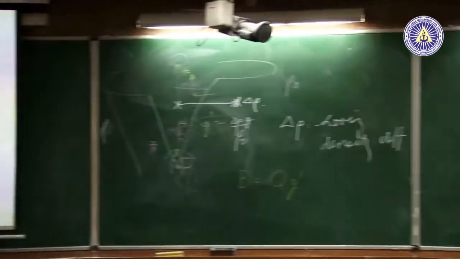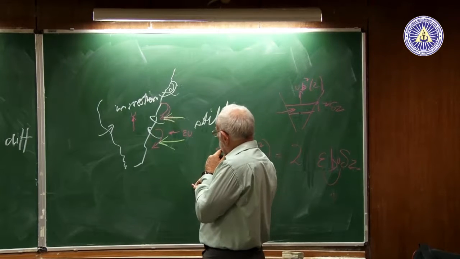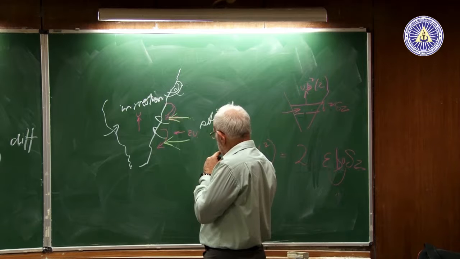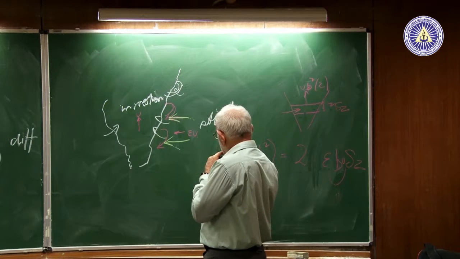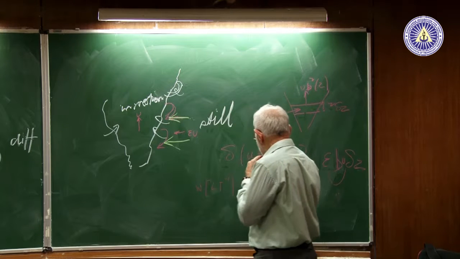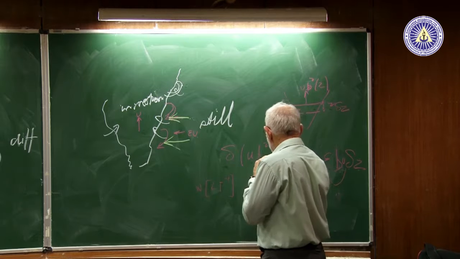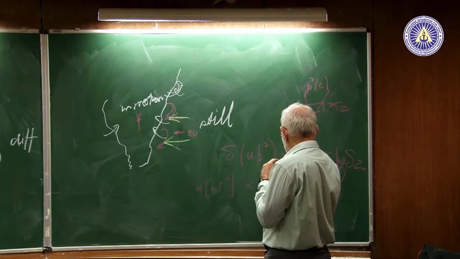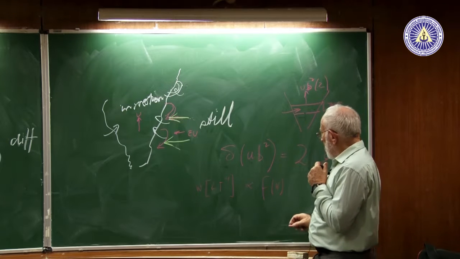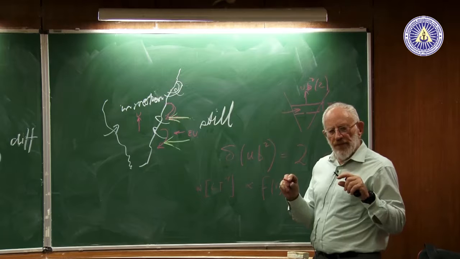But the point is that you have to have the vertical velocity, which has dimensions Lt to the minus 1, somehow proportional to the horizontal velocity, and it's a local effect.